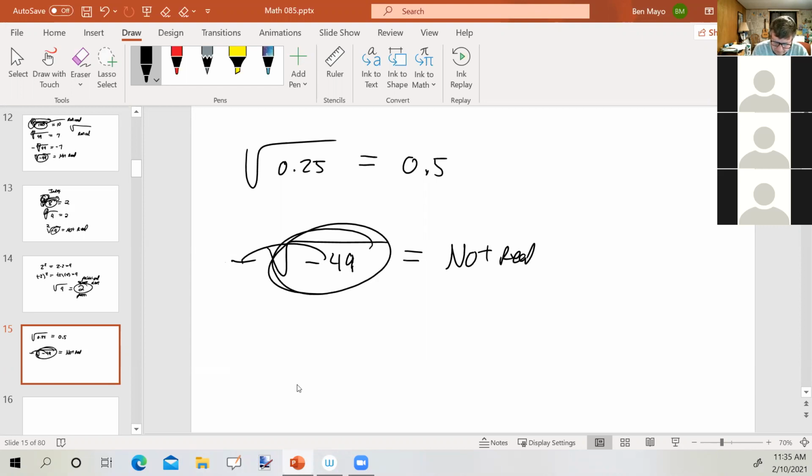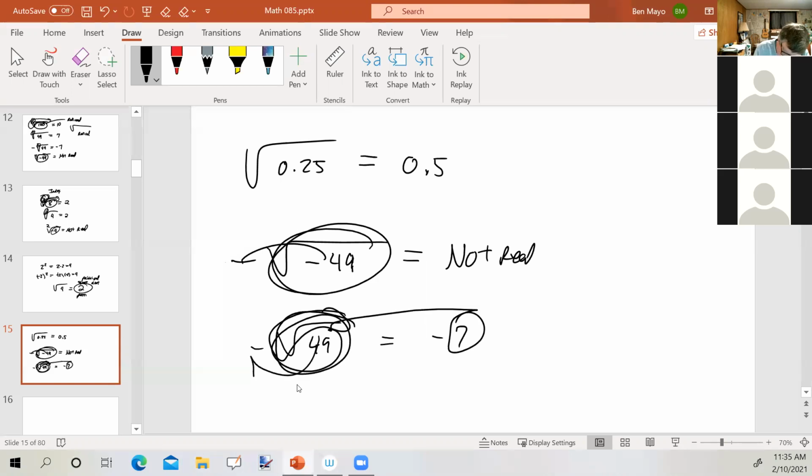Okay. So if it was just the negative sign before the square root and the number was positive, then you could, because in fact, a radical is a grouping symbol. So you do everything inside the grouping symbol first, which would be the 7. Then you'd go outside and the negative would be applied to it. Does that make sense? Yeah, that makes sense. Okay, good.